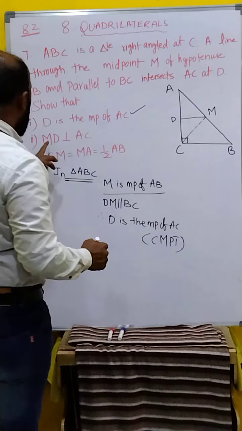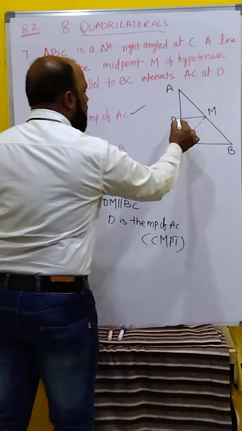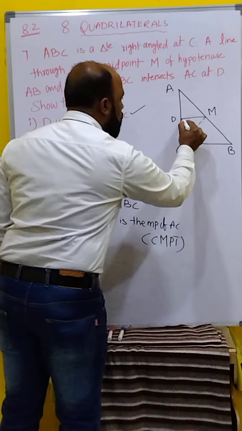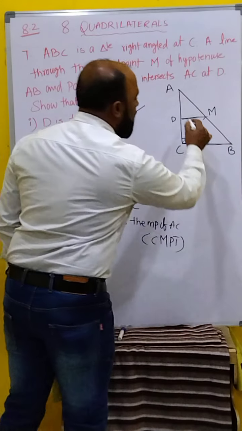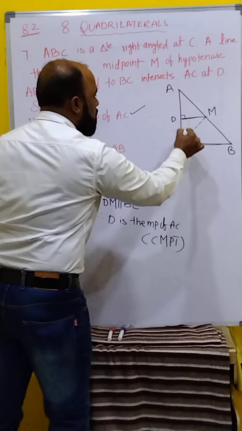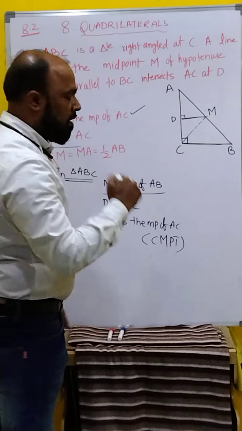What do we have to prove? MD is perpendicular to AC. This one we know is 90 degrees. We know these two are parallel lines. Then according to lines and angles, this one and this one both are equal. What is the reason? Corresponding angles are equal.